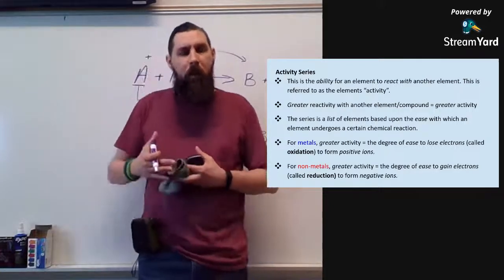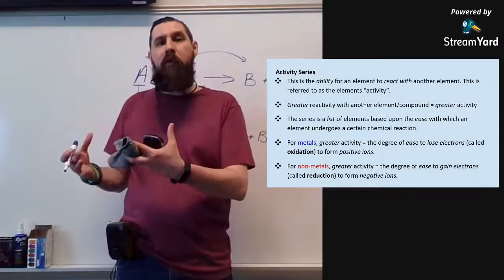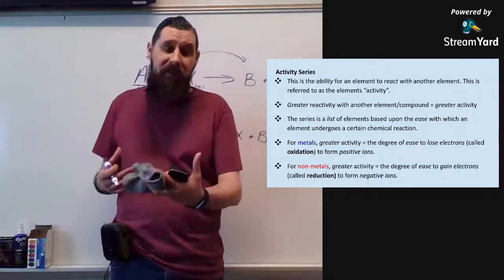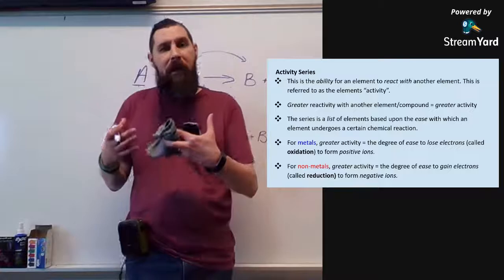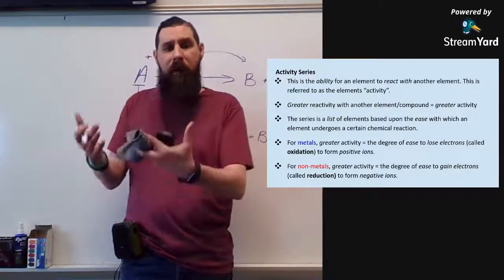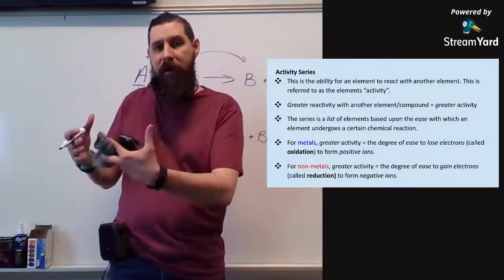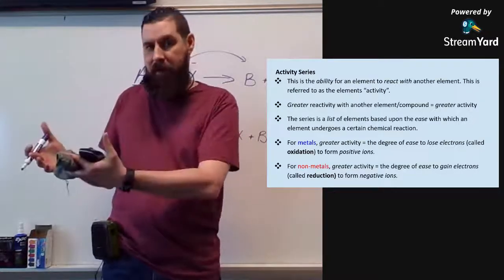Non-metals, on the other hand, we base their reactivity off of how easily they are able to gain electrons. That's electron affinity. And likewise, the greater the electron affinity, the greater the ability for that non-metal to gain electrons, and therefore the greater its reactivity or activity.